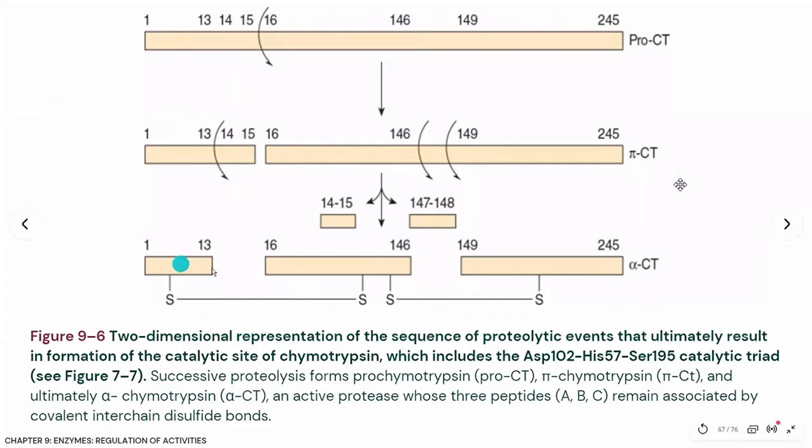There are three segments. These segments are 1 to 13, and this one is 16 to 146. The number here does not mean the number of amino acids; it is the number of the place where the amino acid is, because this has been cut.